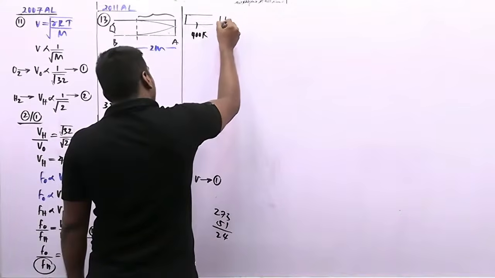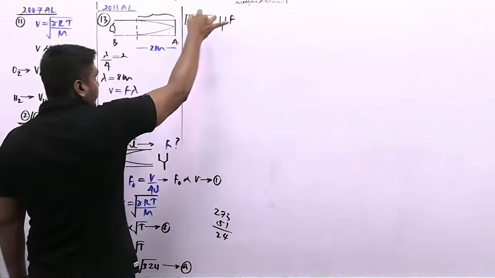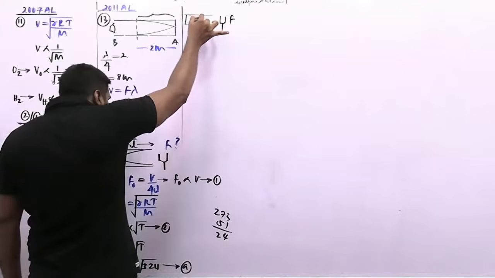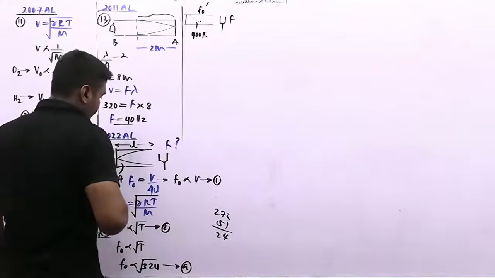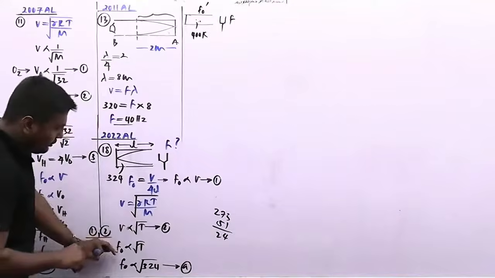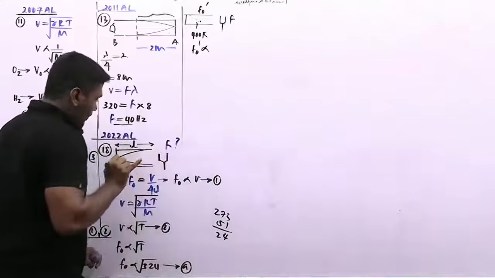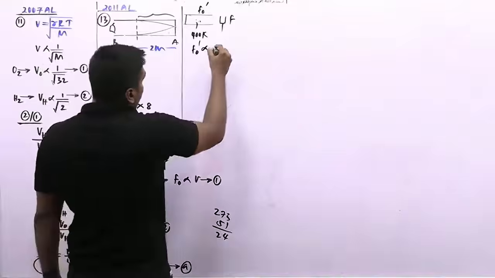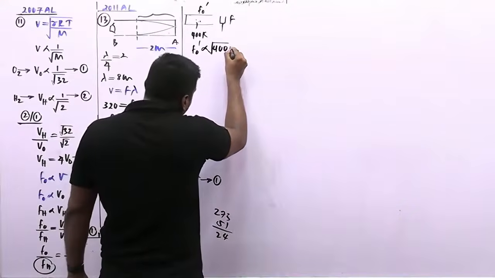The tuning fork frequency is the same. The fundamental frequency of the air column inside this tube, let's take it as F naught dash. Then from the proportion, F naught dash is proportional to root 400. Proportionality B.